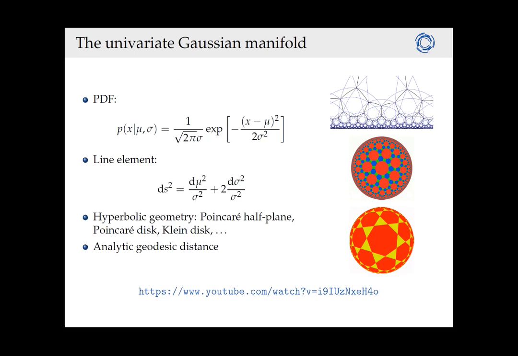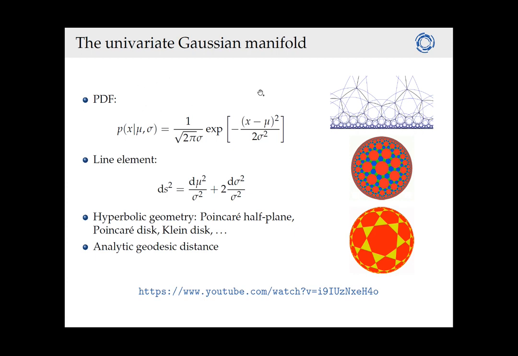So this has all been relatively abstract up to now. So let's now focus on one of the measurement models or probability models that we encounter most often in realistic data sets, which is the univariate Gaussian distribution.